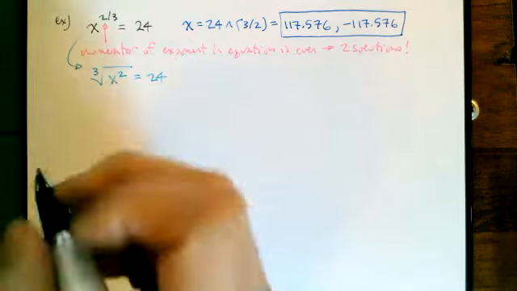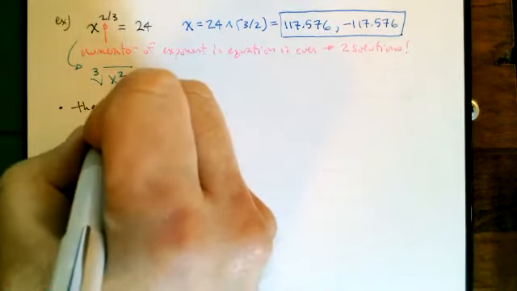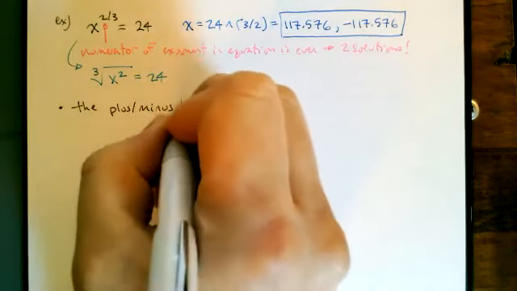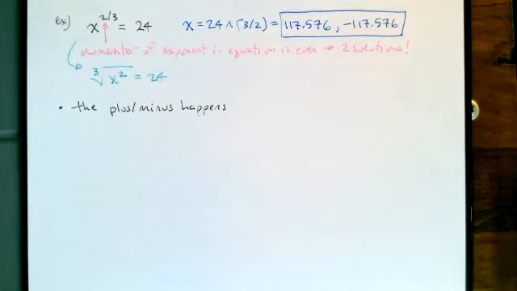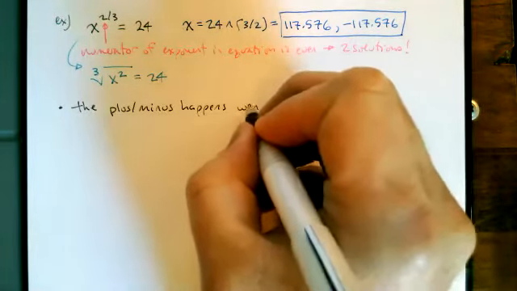The plus and minus happens when we undo the even exponent.